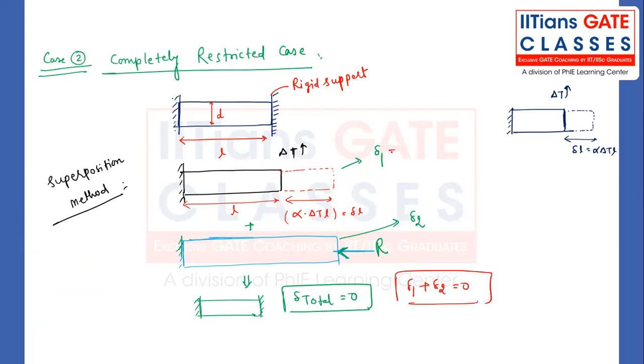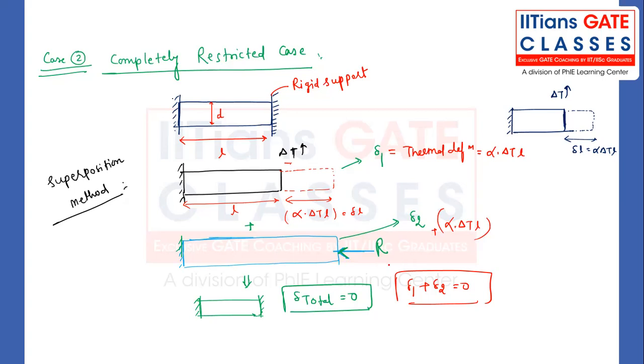So delta 1, the thermal deformation because of temperature variation, is alpha into delta T into L. Positive or negative? Positive, sir.